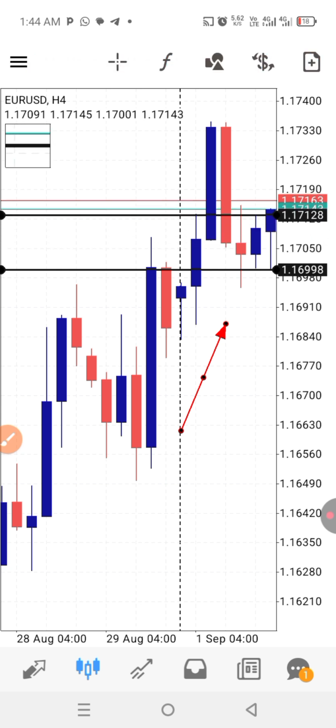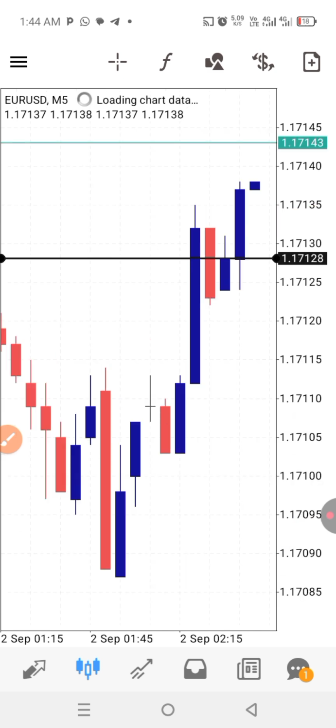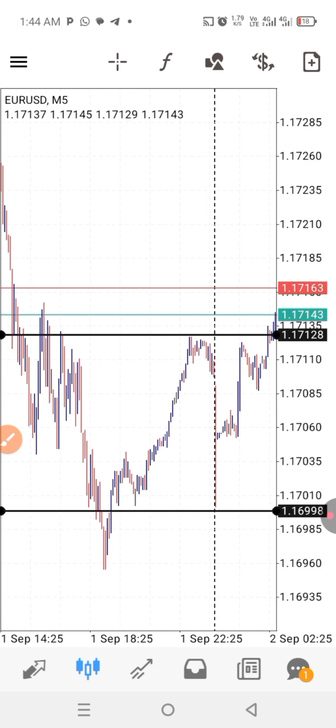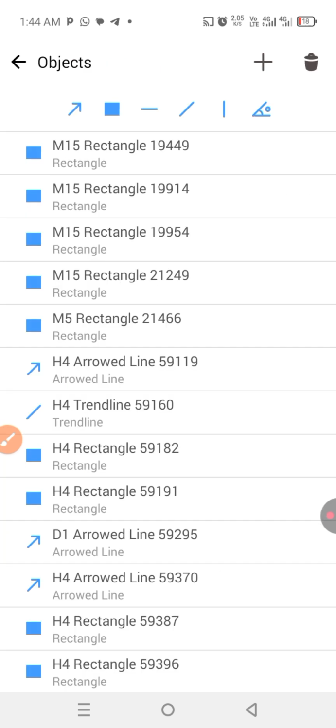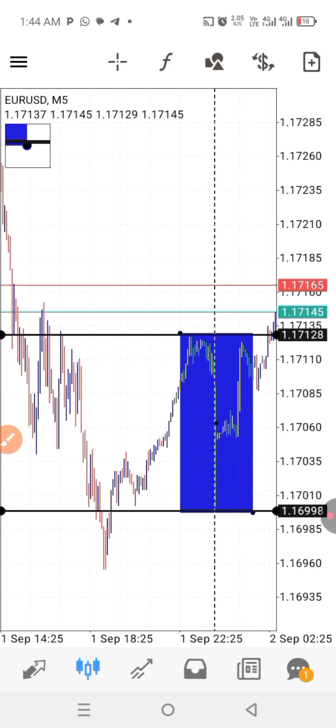Now the next thing that I'm going to do is switch to M5 time frame. All right, M5 time frame guys, that's where I'm going to find my entries. So let me switch to M5. Right there I've switched to M5, and as you can see, this is our zone. Are you seeing? This is our zone.